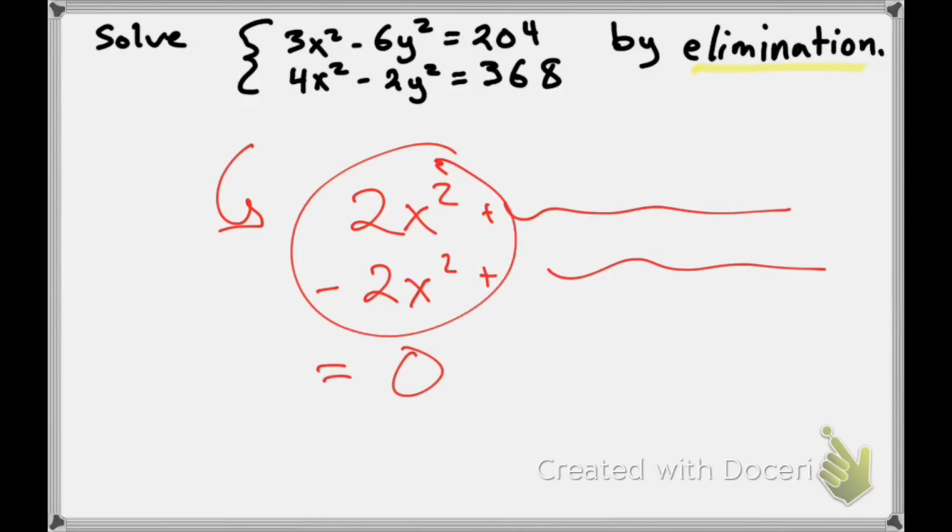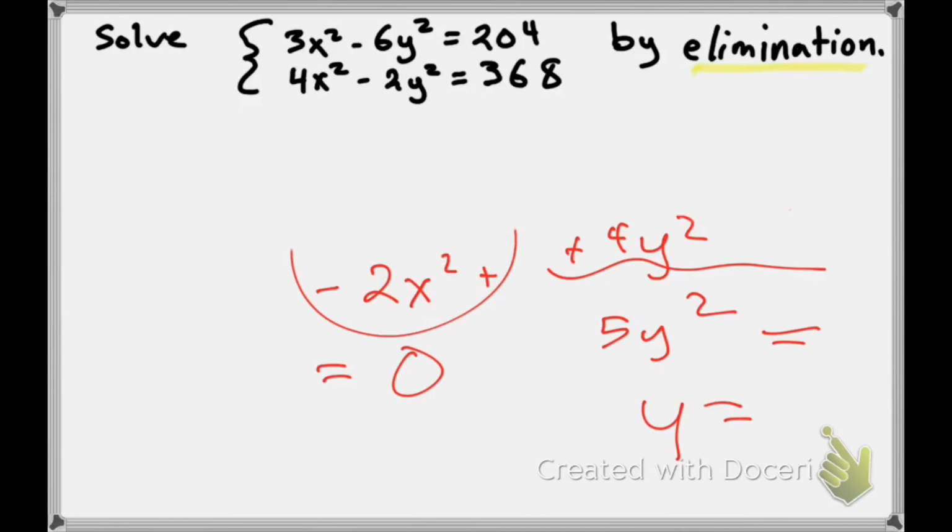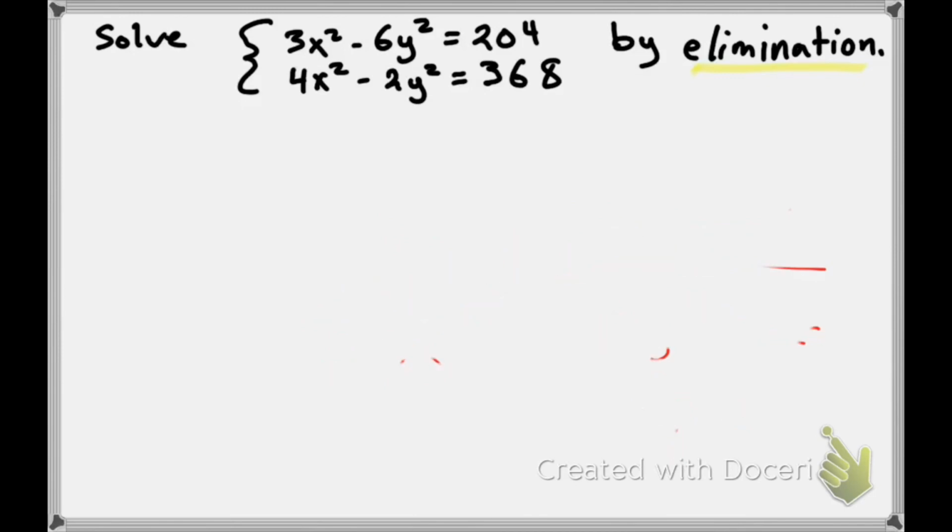And I'll be left with a single variable. Maybe I have y squared plus 4y squared. I can add those, and then solve for y, and then solve the rest of it. Now, the trick here is trying to make two of my variables have coefficients where one's positive and one's negative.